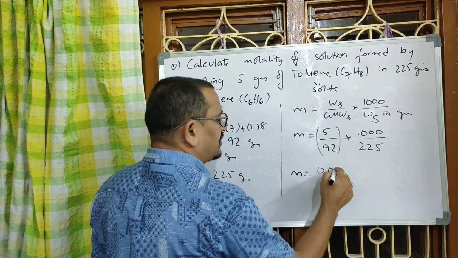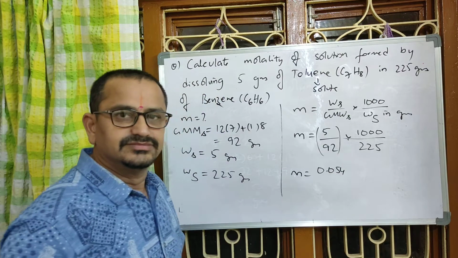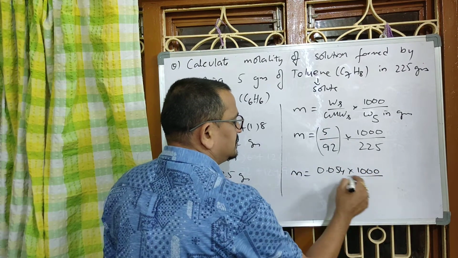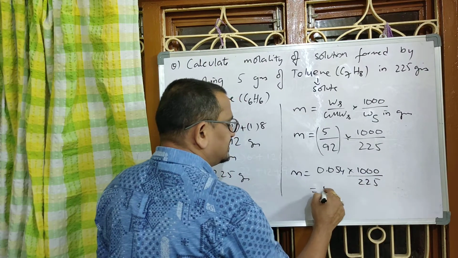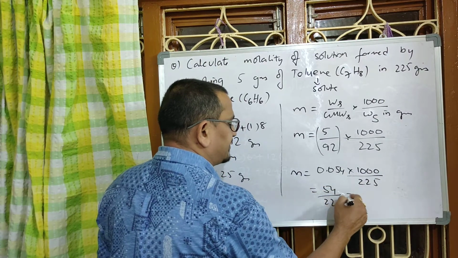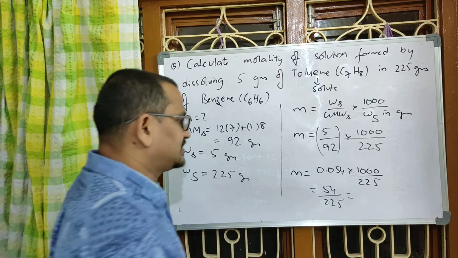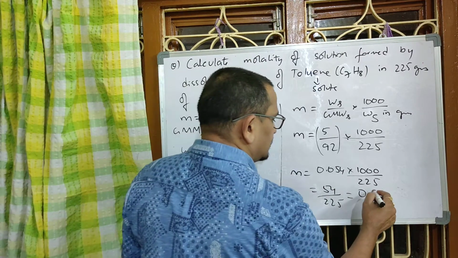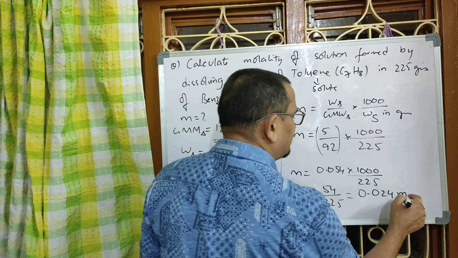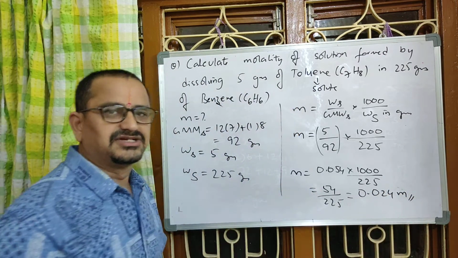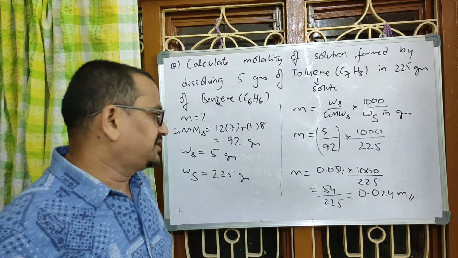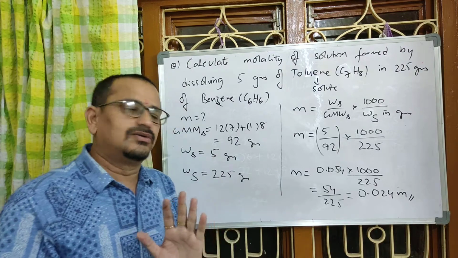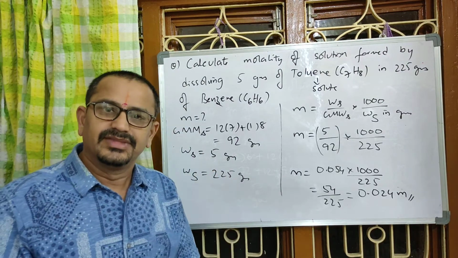It is 0.054. Okay, this division, into 1000 over 225. This is 54 by 225. On calculating this, you will get approximately 0.24 molal. So you see the calculation part. That's a simple thing, right? So this is how molality numericals can be solved in a simple way, right?